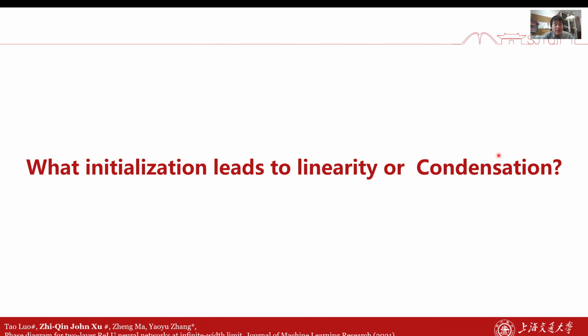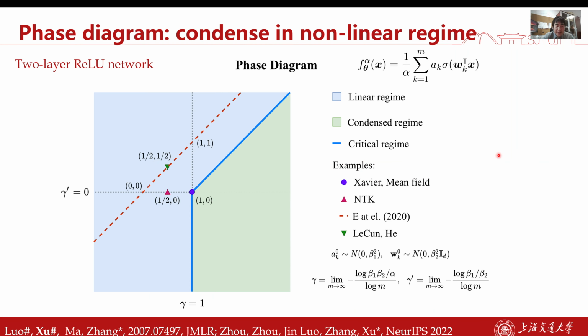We might ask, what kind of initialization leads to this condensation? Or in the other case, we call it linearity. It doesn't have so much change of weights. This is the first diagram we have shown for two-layer ReLU neural networks.